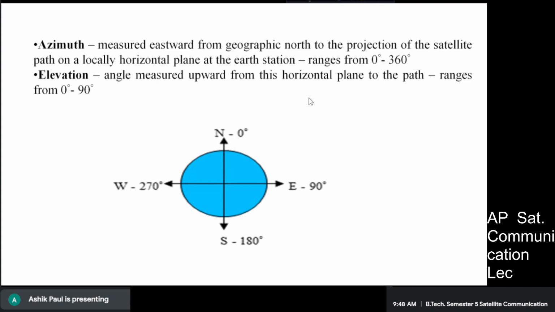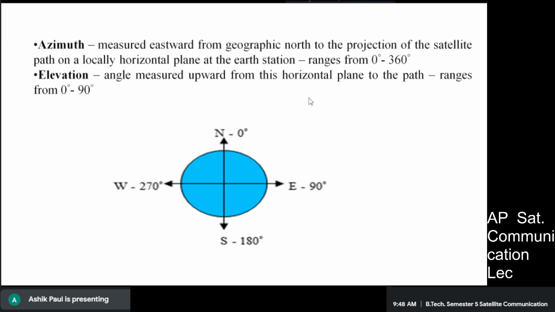Either it is at the same level as you, that means in the same horizontal plane as the Earth station, or it could be vertically overhead, right above your head, and then the elevation will be 90 degree.